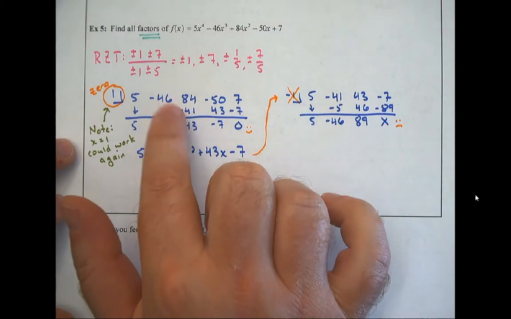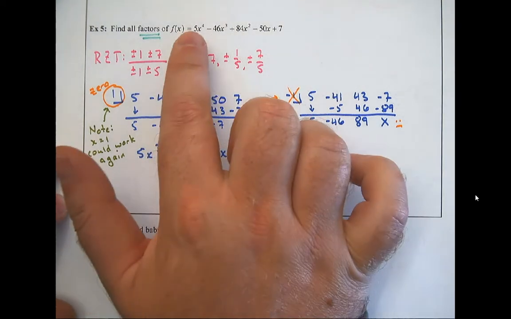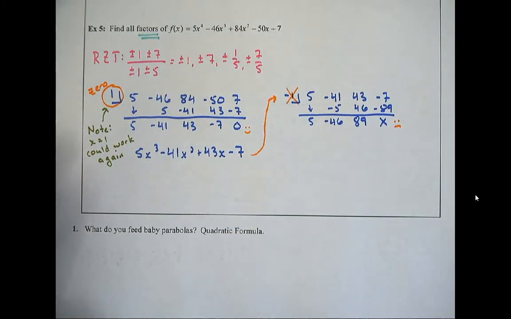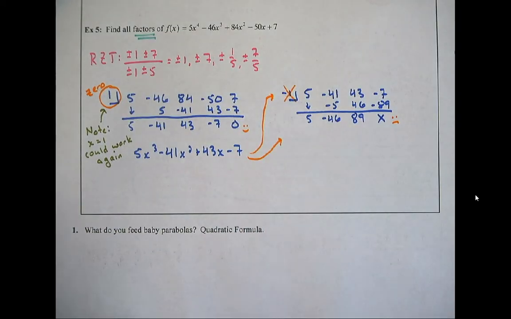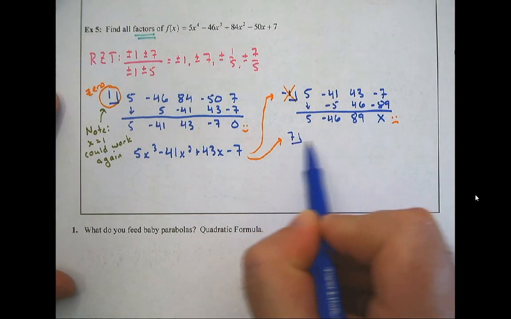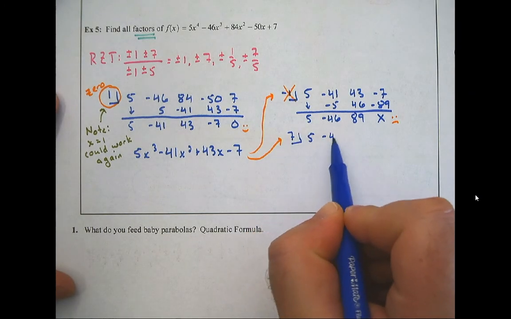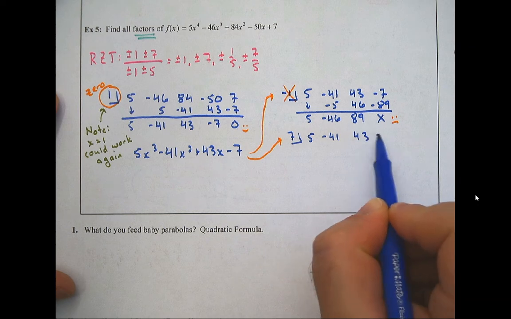Now, don't go back to the beginning again, because if you go back to the beginning, that's an x to the fourth, which means you need to still break it down twice. So I'm going to go back to this spot, and I'm going to do this again. Go from here, and I'm going to go again, but this time I'm going to try to use 7. 5, negative 41, 43, negative 7.